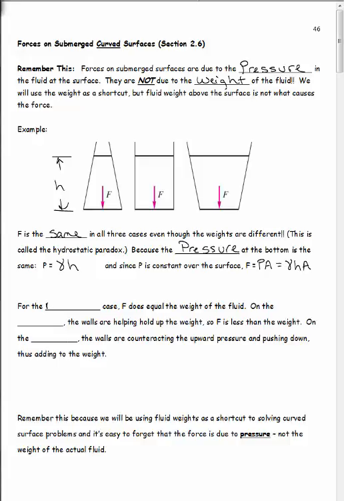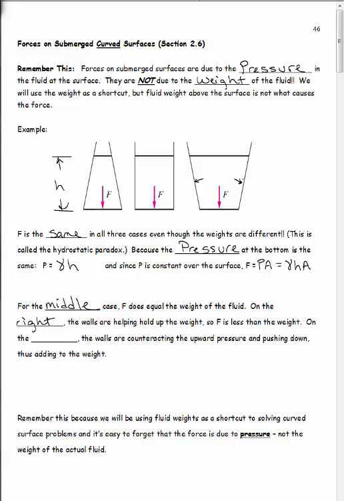For the middle case, that's the easiest one. F does equal the weight of the fluid, so that bottom surface is actually holding up whatever fluid is in there. Okay, makes sense. On the right, let's look at the right because that's the next easiest. There is a pressure over here due to that fluid, and it's going to act perpendicular to that surface.